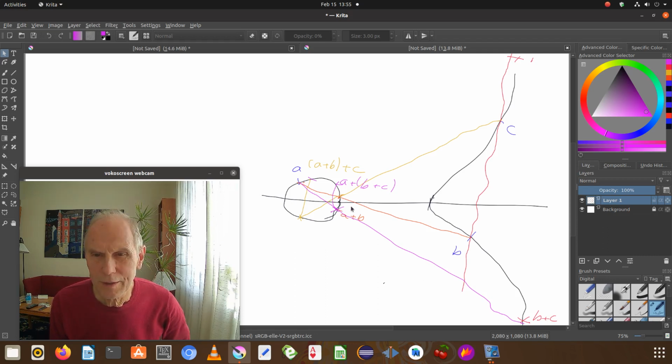Yeah. A plus B is here. So I went through the wrong point there. I should have gone through this point and then ended somewhat closer to the right answer.